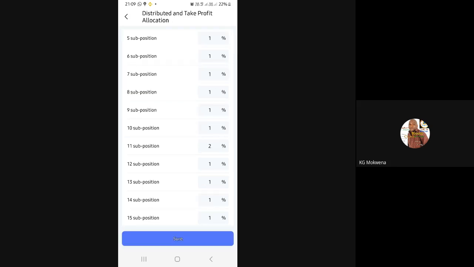So now, can you see, business partners, it is 2%? This 2% is according to Solana settings. And when we go to my template to check the original settings, we don't want this 2% to be affected. That is why we're going to do it manually. We still want the 2% to be as is at the moment. Let's come out.